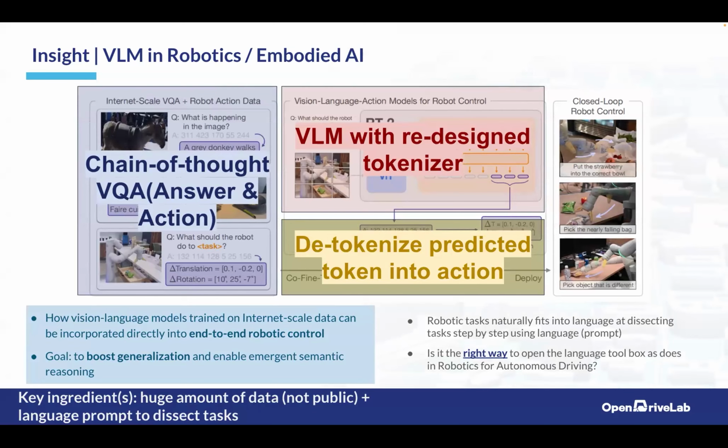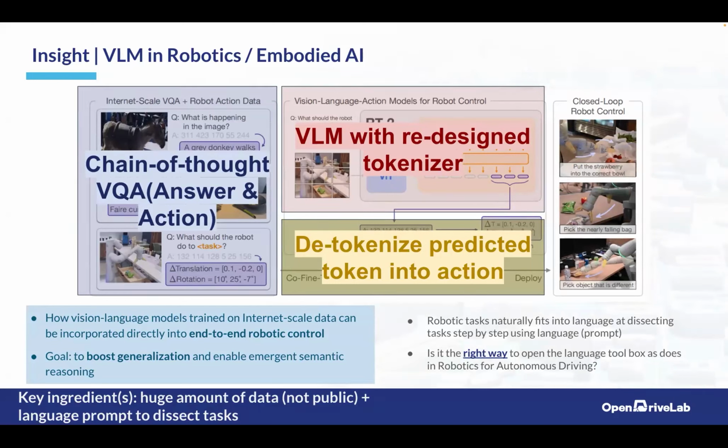Many papers nowadays in robotics use a visual language model to do low-level control directly. I know this is not very intuitive, because how can a visual language model output control signals, by directly mapping language output into discretized, number-based action signals?